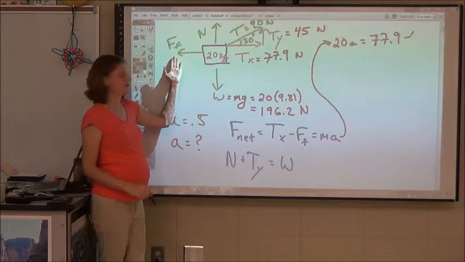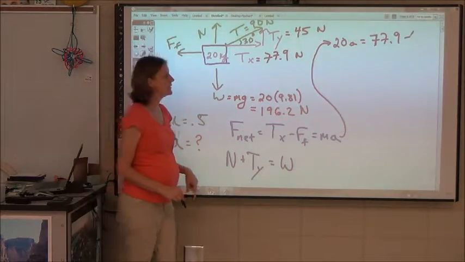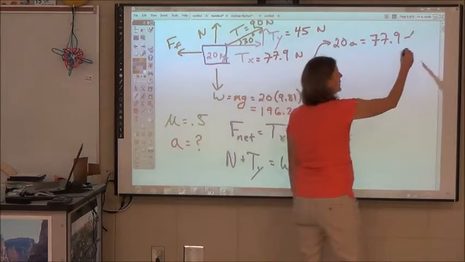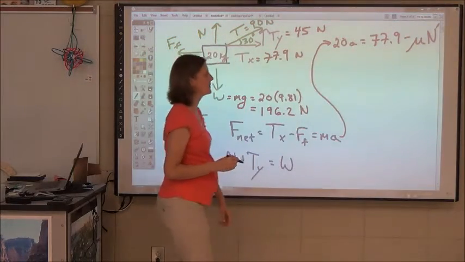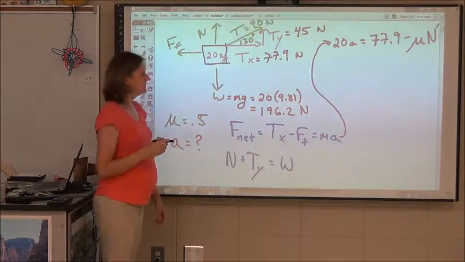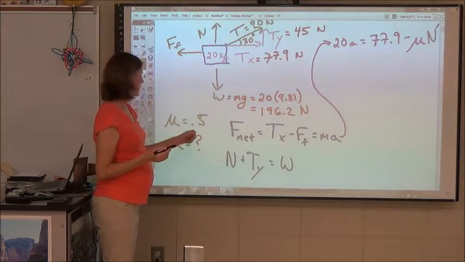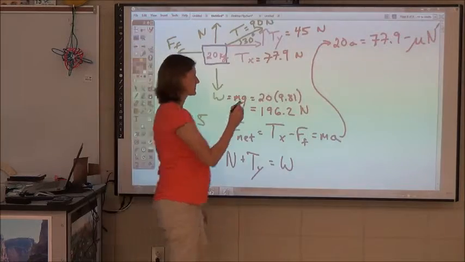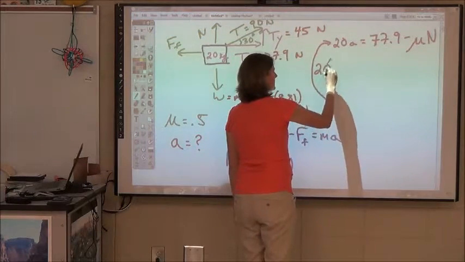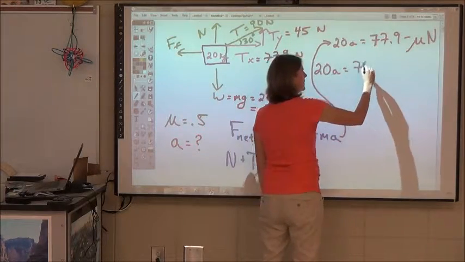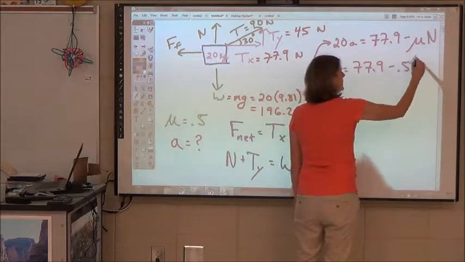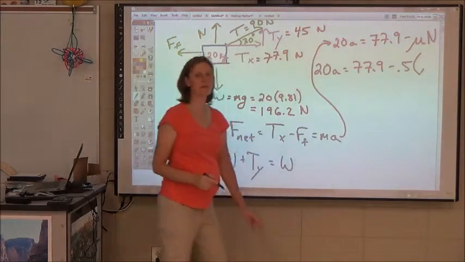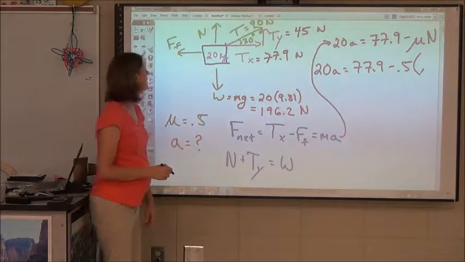Now, I don't know what friction is, but I do know friction is also mu times N. Well, I'm given mu, that's 0.5. But I still don't know N yet.